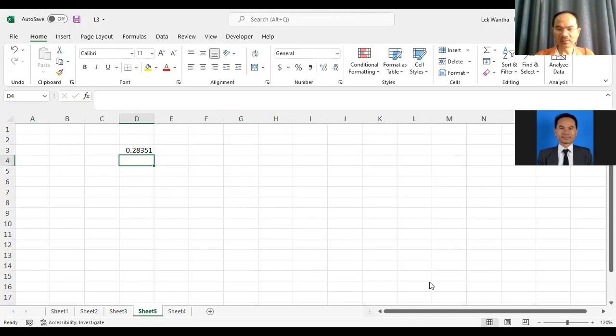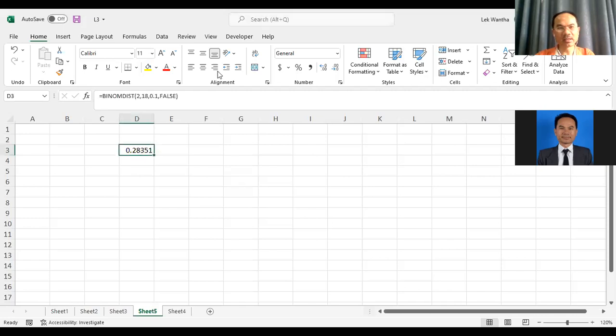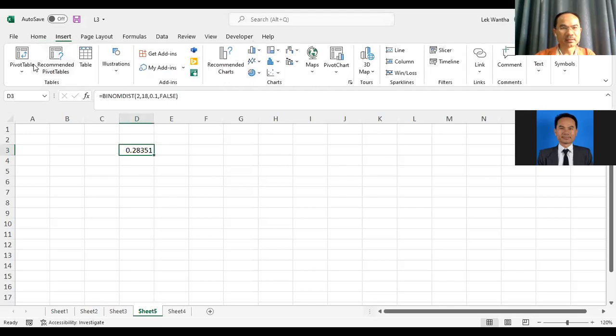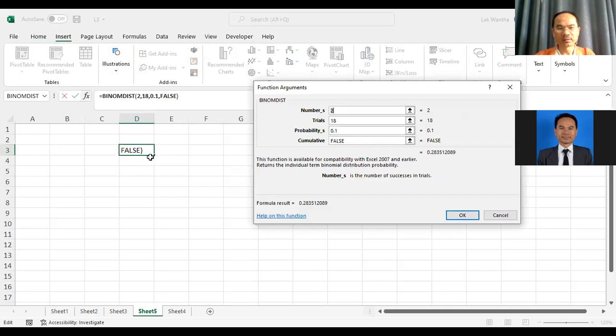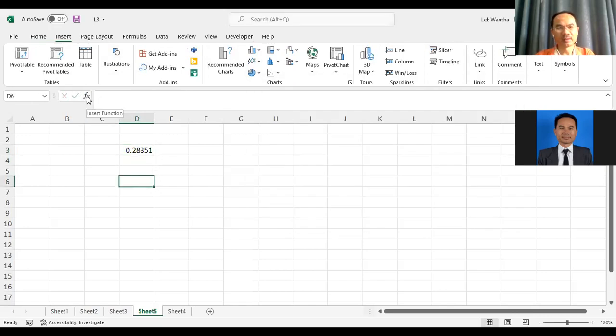And also you can call the function. Let me show you Excel again. We can type directly like this, or you can use Insert Function.